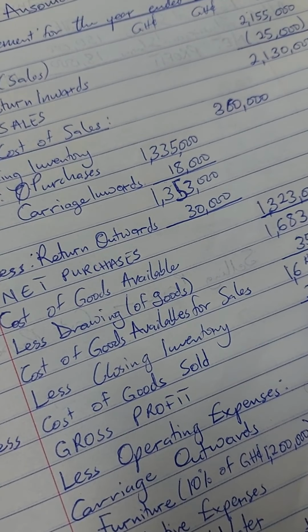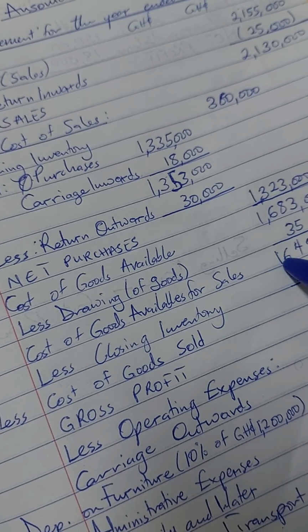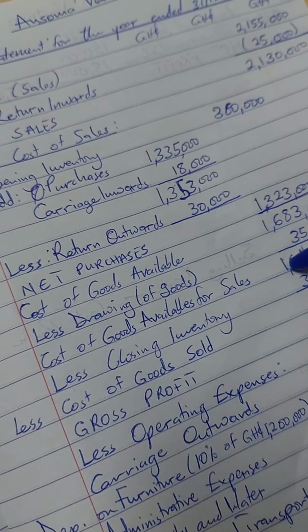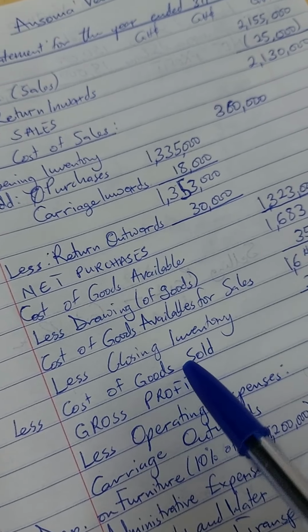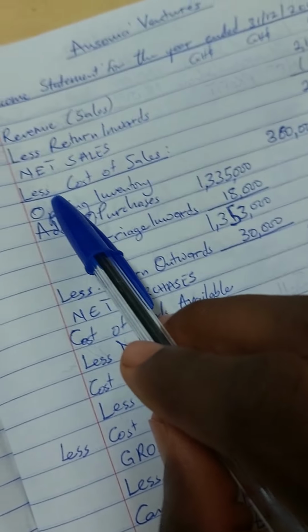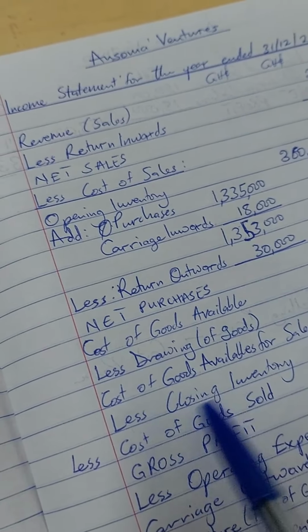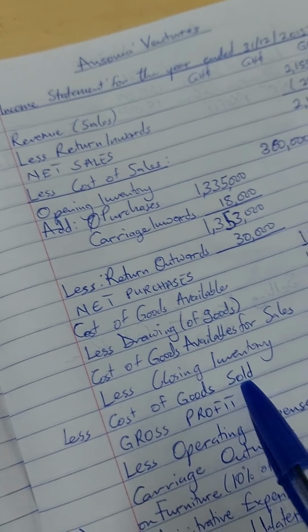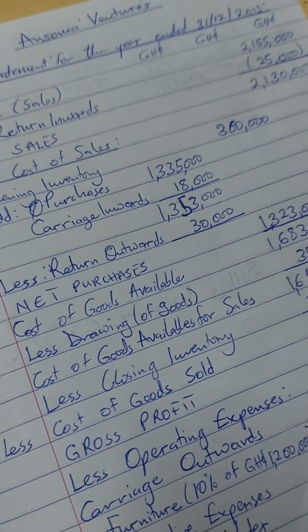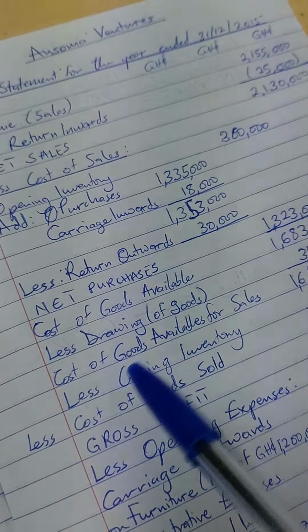We subtract our closing inventory from the cost of goods available for sales and get the cost of goods sold. We said we are looking for the cost of sales, so this is the actual cost of the goods we sold. Now we can bring it here and work on it.